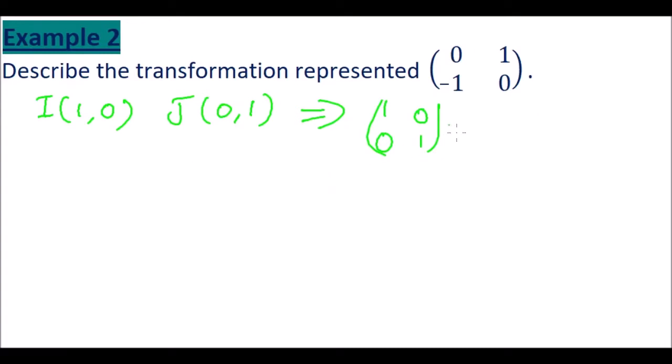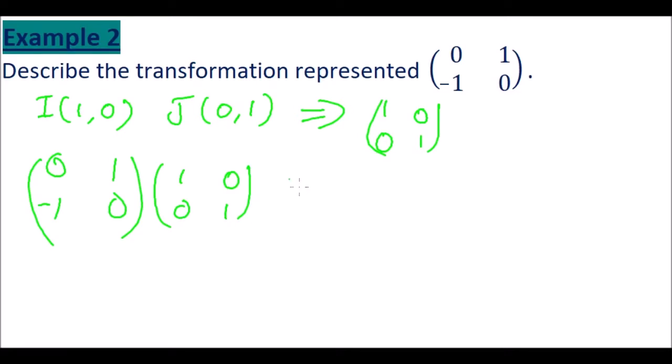This is our object. So we pre-multiply with the transformation matrix, which is 0, 1, minus 1, 0, and our object is 1, 0, 0, 1, which is an identity matrix. That means it doesn't change. We will still remain with our matrix here, because it is like multiplying by 1.